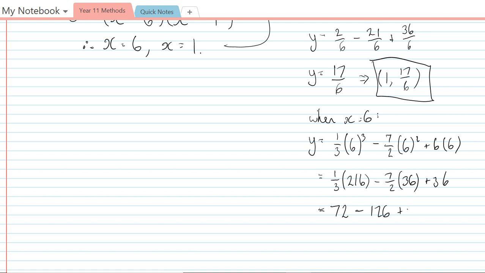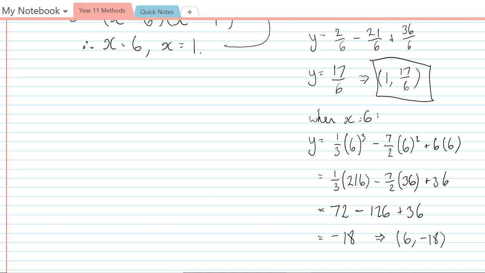And then plus 36. So what does that leave us with? I think if we work that out, it should end up being negative 18. And so again, this is giving us the coordinates of another point, which will be when x equals 6 and y equals negative 18.